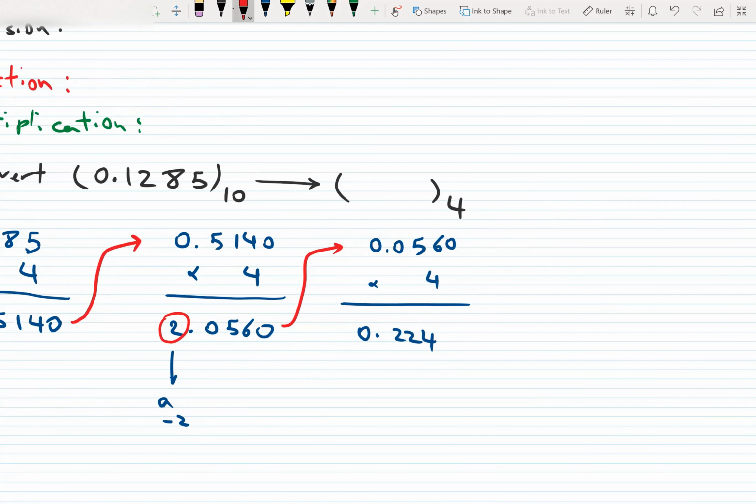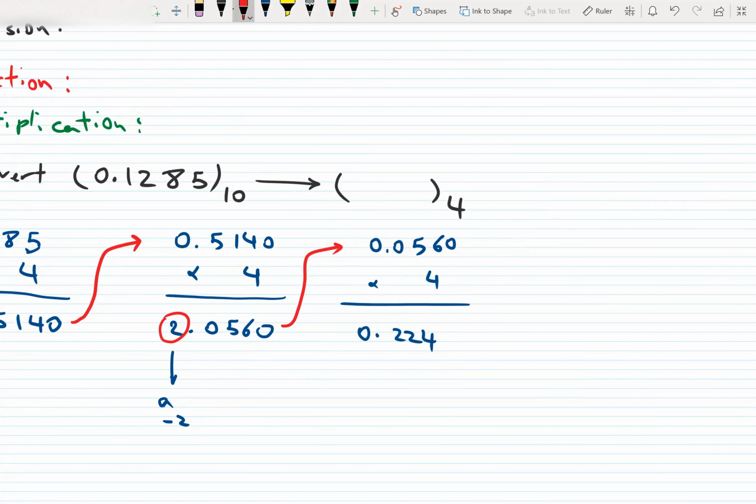So I would say 0.029296875 multiplied by 8 is 0.234375. So we keep this 0 as a sub minus 1.